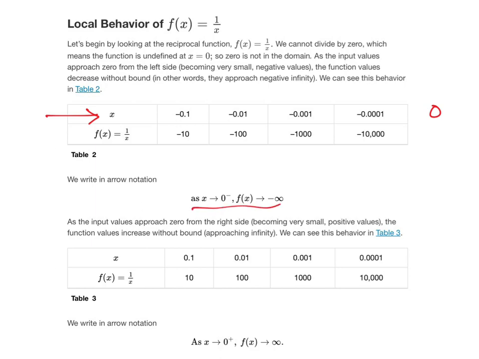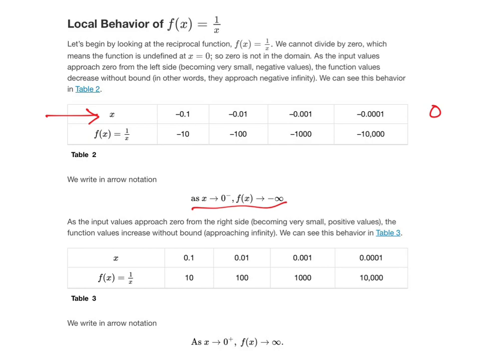As x approaches 0 from the left, what's happening with these y values? They're getting smaller in the negative direction. They're getting huge, but negative. We call that negative infinity. So the output approaches negative infinity.